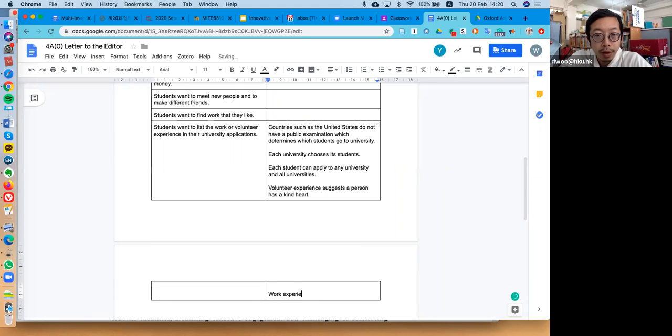Work experience suggests a person wants to improve their professional skills and knowledge.